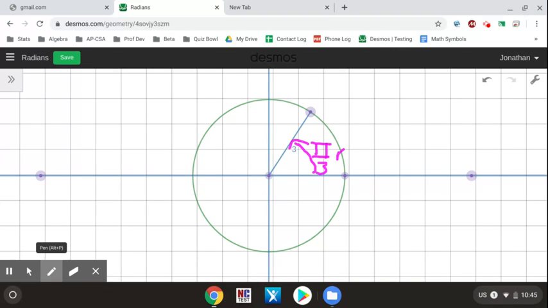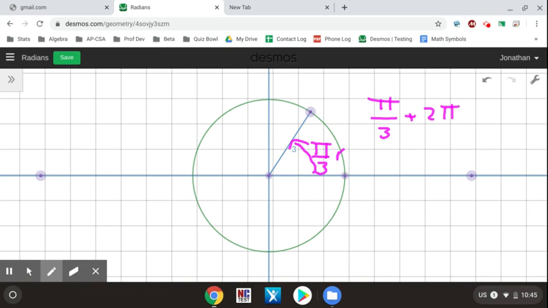What I need to do is figure out what would be coterminal with that. Well, if all the way around the circle is 360 degrees, it's also equal to 2 pi radians. So what I'm basically going to do is take this pi over 3 and add 2 pi radians to it.